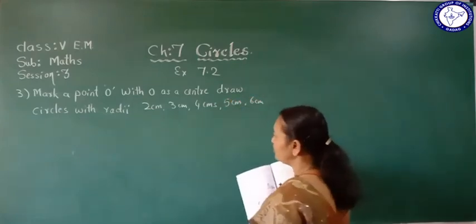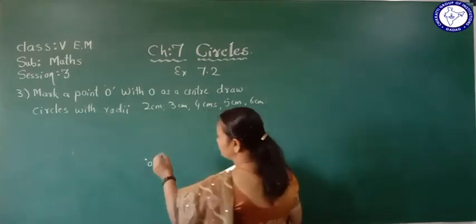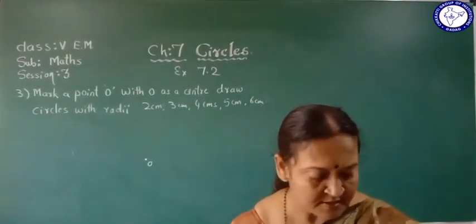Now here only one point O we have to mark. From this center we have to draw different circles.